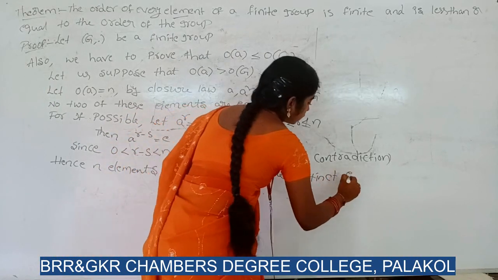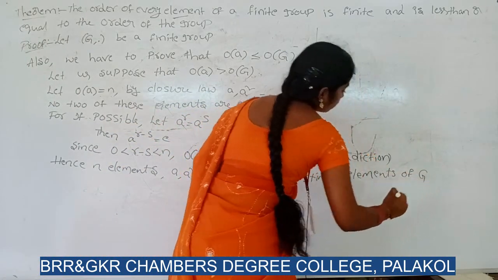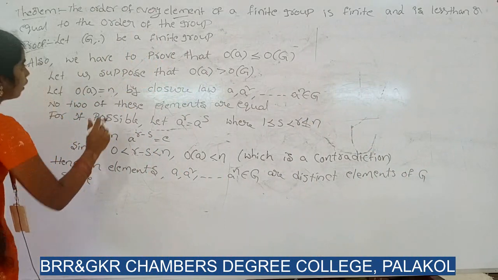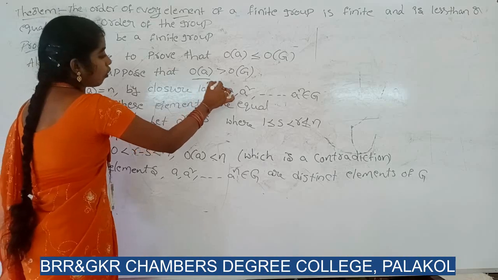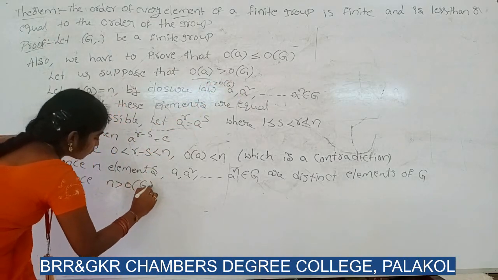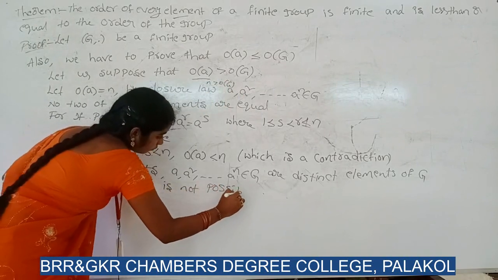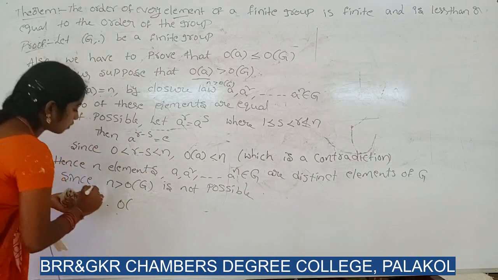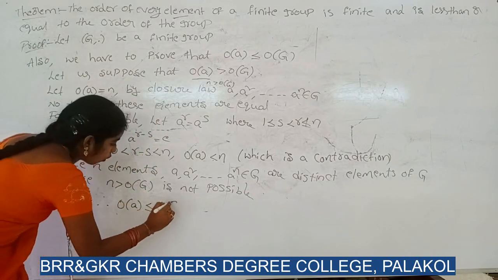Since the order of a means n, n greater than the order of z is not possible. Therefore the order of a is less than or equal to the order of z.